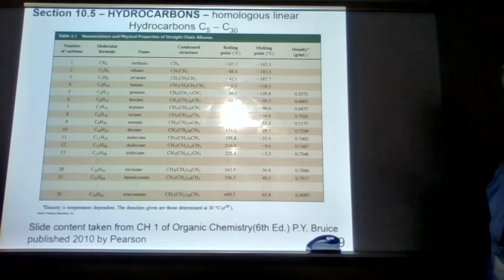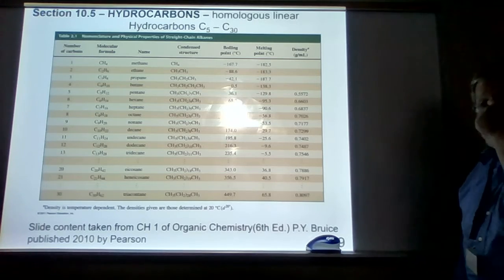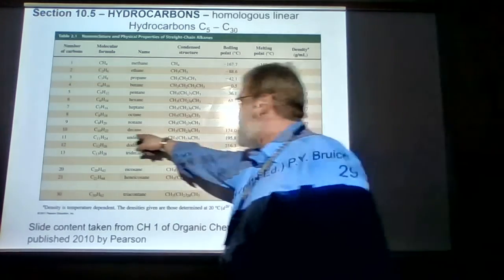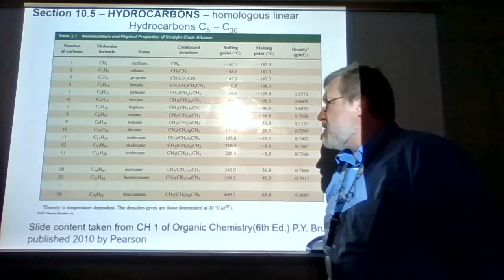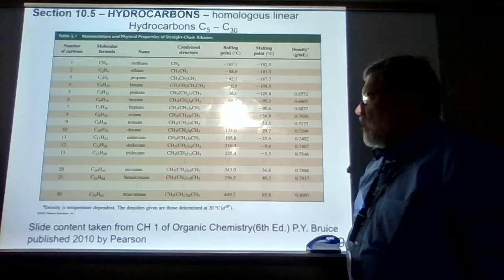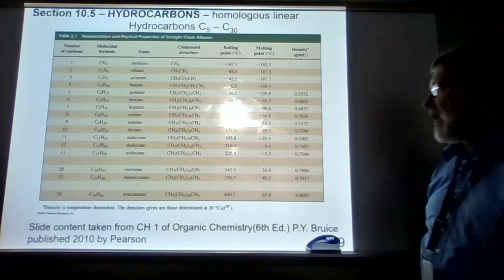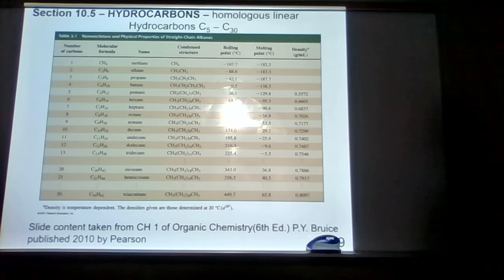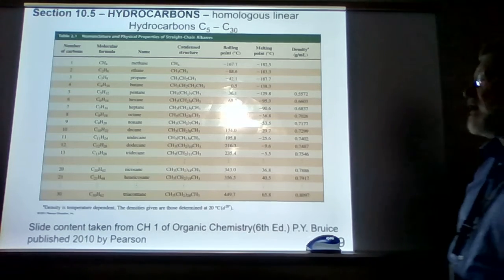You hear the word decade? Okay, 10 years, decane, dec, 10. 11 is undecane, 12 is dodecane, C13 is tridecane. We can go up to 20, which is eicosane, C21, heneicosane, up to 30, C30, which is triacontane.